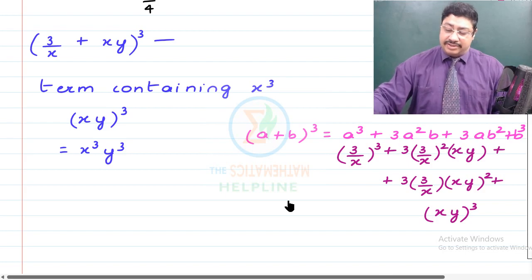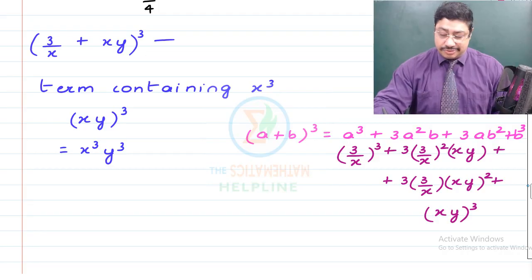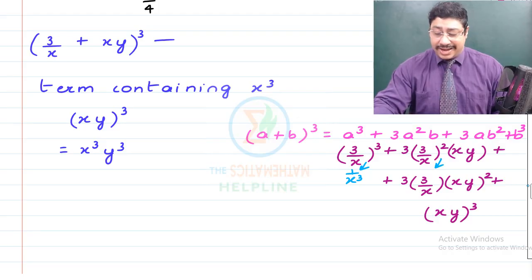So if you see here, in the first term, you will get the power of x to be how much? It will be x raised to the power minus 3, right? Because it will be 1 upon x cube, right? Now, if you talk about the next term, we will get 1 upon x square and 1 x above. As such, you will get a term of the type 1 upon x.